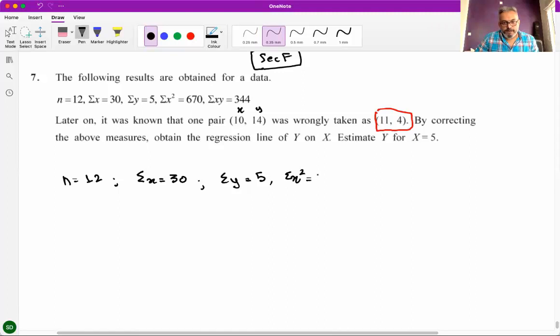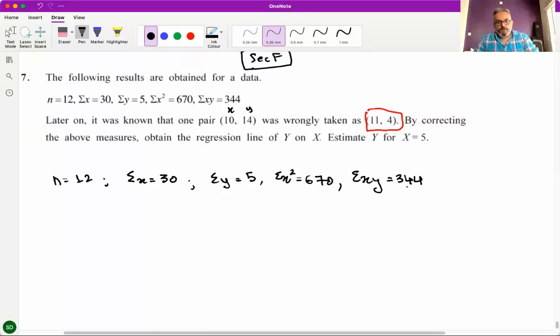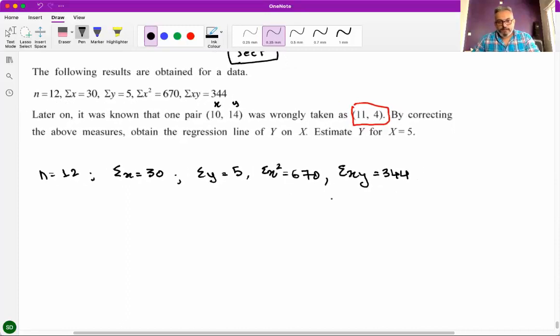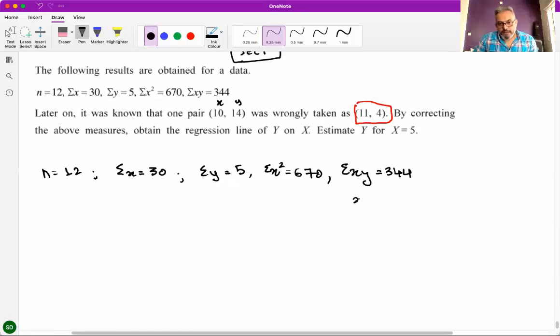Sigma x square is equal to 670, and sigma xy is equal to 344. Now one pair, x comma y, the correct pair was 10, 14, was wrongly taken as 11, 4.